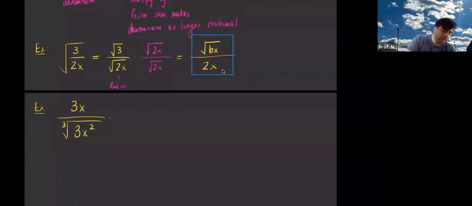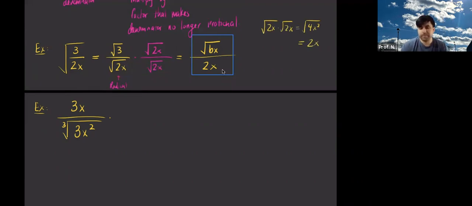So the reason why it works here to multiply by the radical is because the square root of something times the square root of another thing creates a perfect square underneath. So if you notice, rad 2x times rad 2x, what happens? I get rad 4x squared, which is a perfect square. This becomes 2x. Now, why do I make mention of this? Because now I have a cube root. So you would think, oh yeah, I'm going to do the exact same thing that I did for square roots.